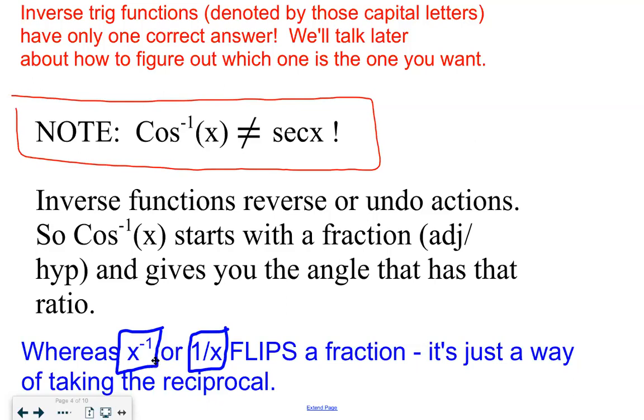So x to the -1st is a reciprocal function on your calculator. If I wanted to compare the secant of an angle and the cosine of an angle, those are reciprocal functions, and that's when we introduce this key. Keep in mind that x to the -1st is not an inverse function for anything. It's a reciprocal, so we would not use x to the -1st with cosine to the -1st. They're two different functions on your calculator there.